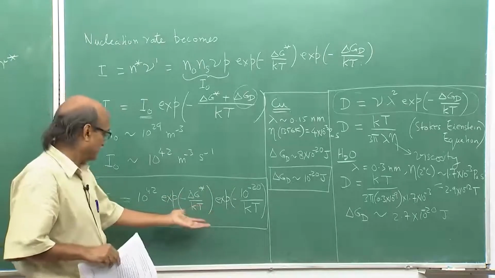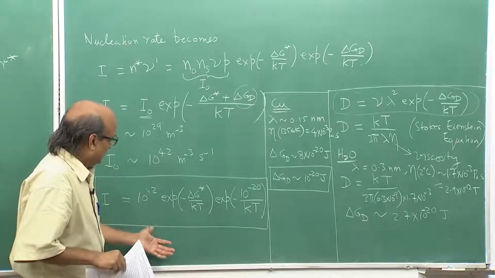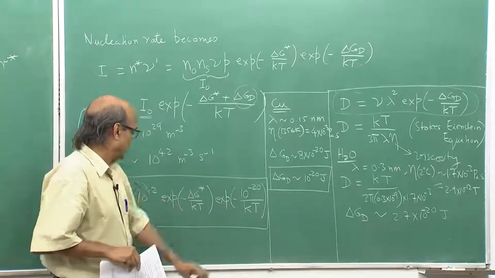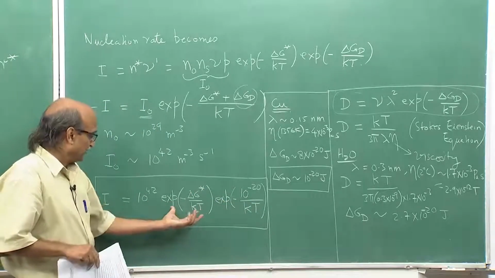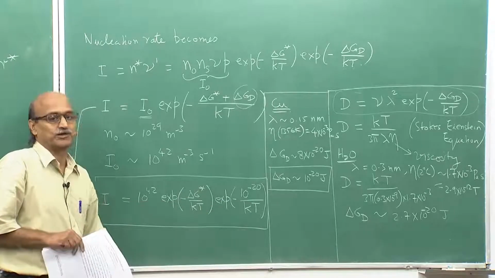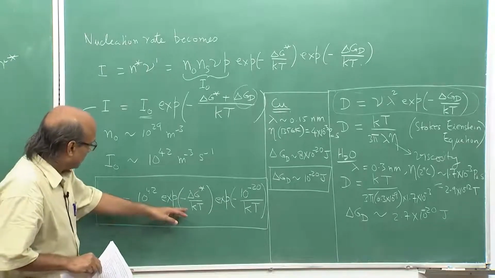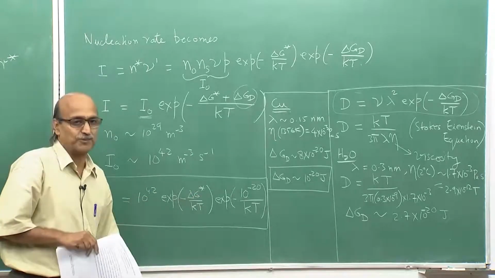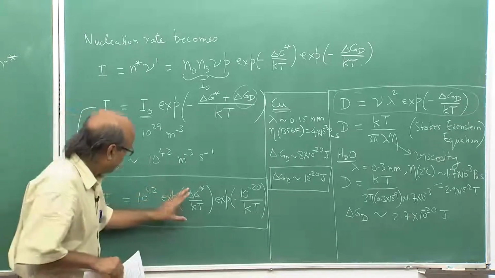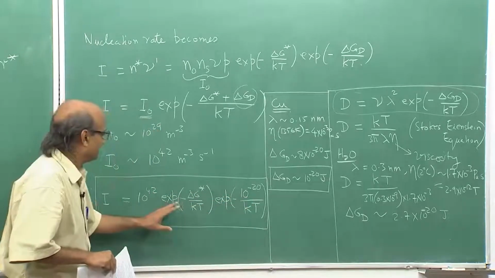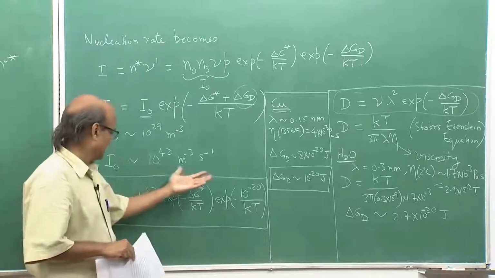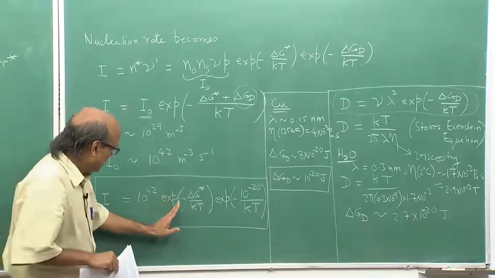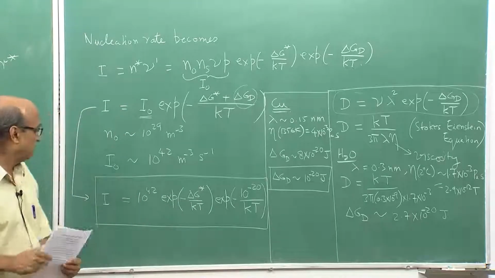Another thing about this expression is that while here the temperature dependence is only in the denominator of the exponential, in this first exponential of minus delta G star upon kT, the temperature dependence is not just in the denominator, but the delta G star itself depends on temperature. So, this would be a much more complicated variation with temperature.